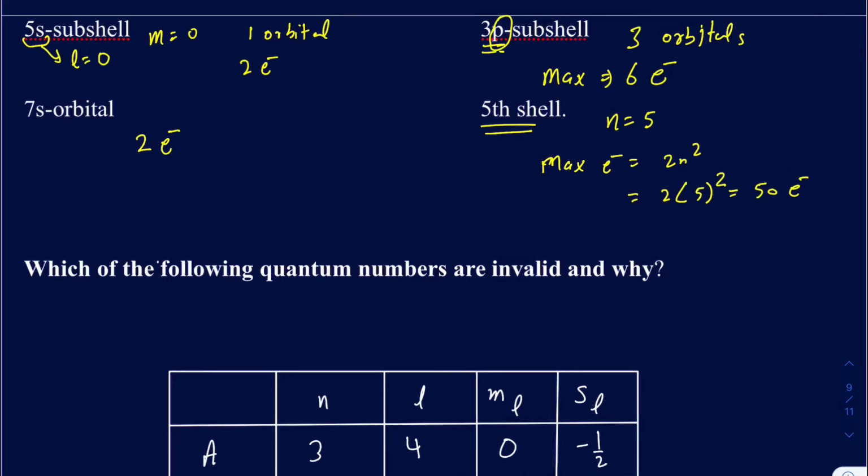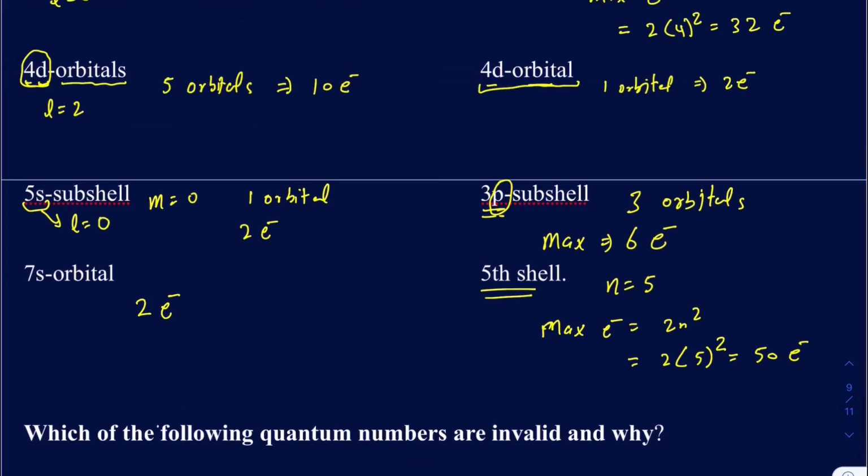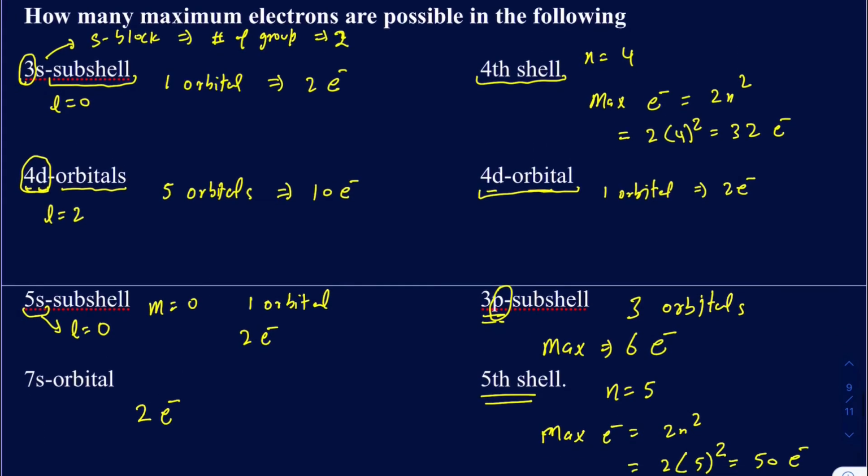You may not see that many right away in the periodic table, but once you study the periodic table deeply, you will understand how those electrons are placed. This is a very common question, where they ask about the shells, the subshells, or the orbitals, and how many electrons you can put in them. So make sure you get good practice on those.